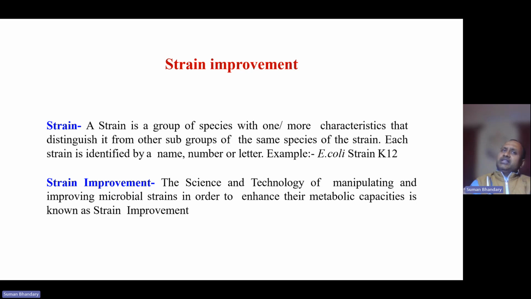So there should be genetic variation, there should be phenotypic traits, there must be nomenclature, means microbial strains are often identified and distinguished by specific designations such as alphanumerical codes or a name. Just I have mentioned Escherichia coli K12, Saccharomyces cerevisiae BY4741. These are the specific strains within their respective species.